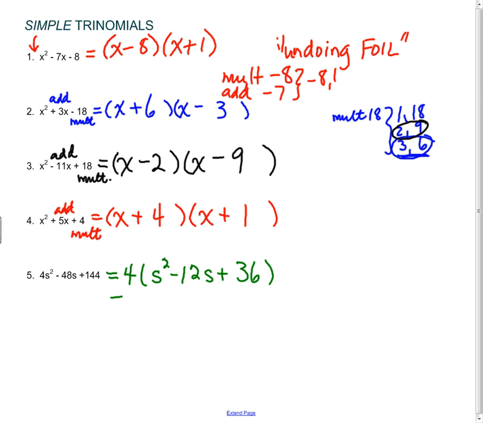We're going to continue. Inside the brackets is a simple trinomial, so I will factor it by throwing up two sets of brackets. At the beginning of both brackets is an s. I want two numbers that multiply to 36 and add to negative 12. 6 and 6 will work if I have both of them negative. And I am done. Next page.